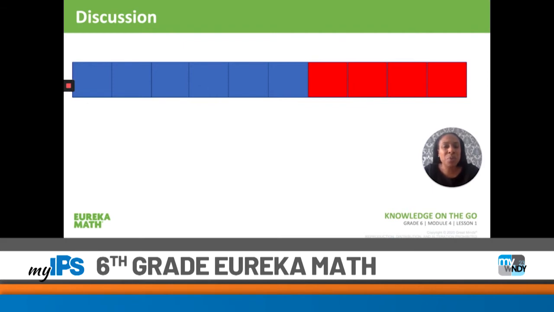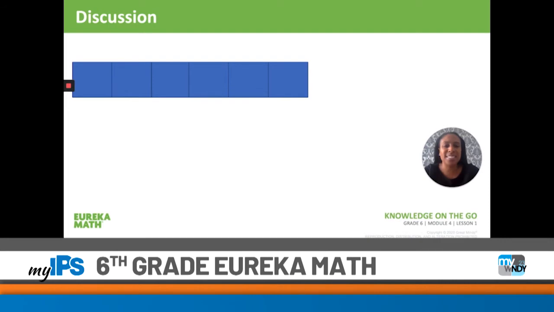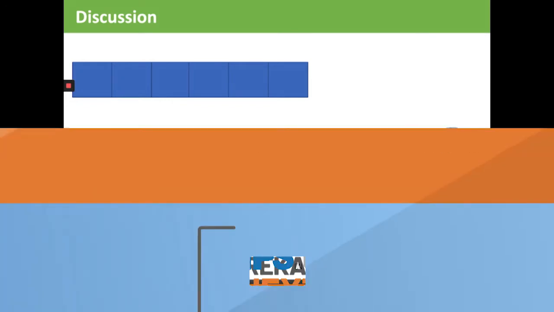Now remove 4 squares from your tape diagram. 1, 2, 3, 4. Alter the expression 6 plus 4 to create an expression to represent the tape diagram. If you wrote 6 plus 4 minus 4, you have the correct expression.